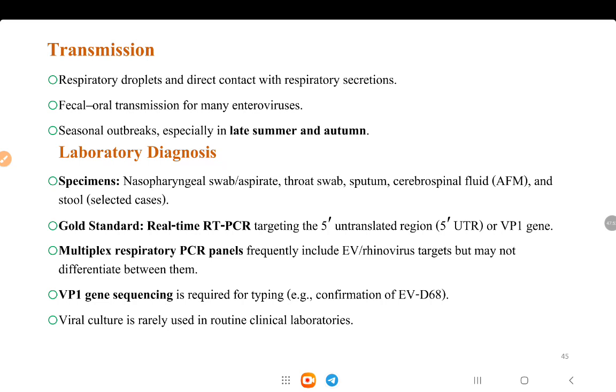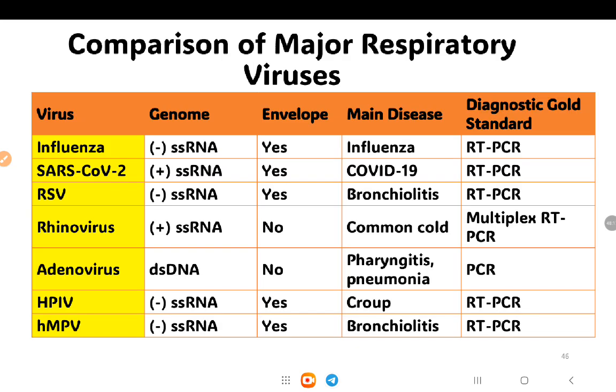The VP1 gene, used for sequencing, is required for typing to confirm enterovirus D68, while viral culture is rarely used, mostly for research, like with other respiratory viruses. We find that outbreaks of this virus occur in late summer and autumn season.